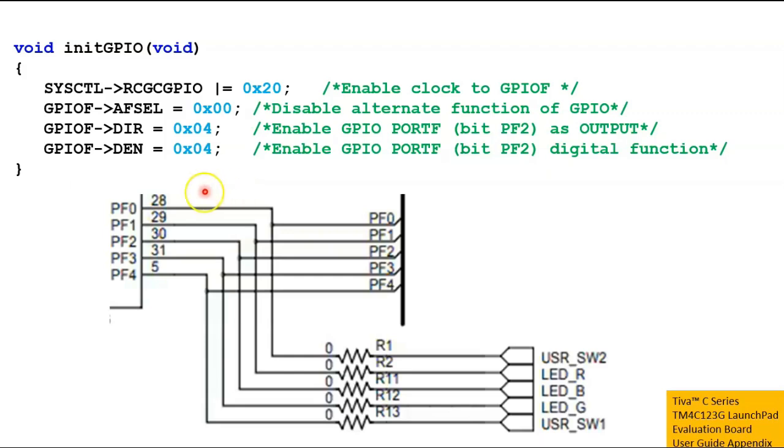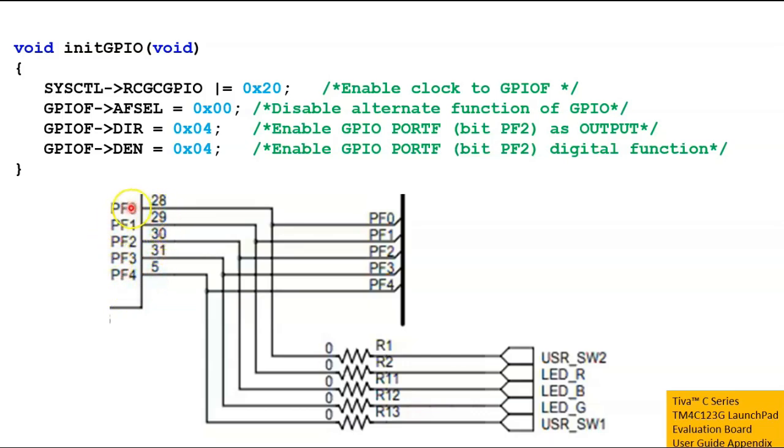Alright, so here is part of the schematic of port F of the TM4C123G Launchpad board.